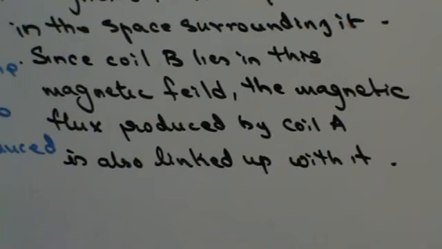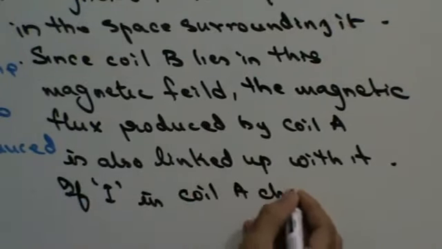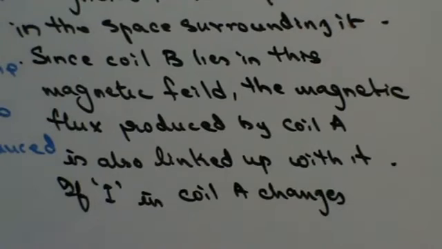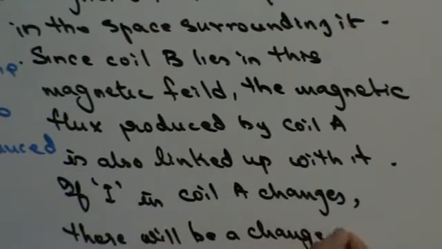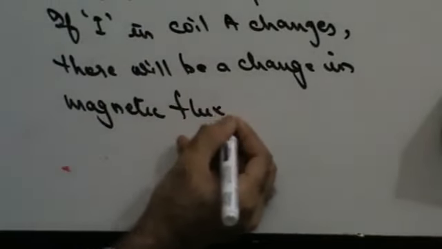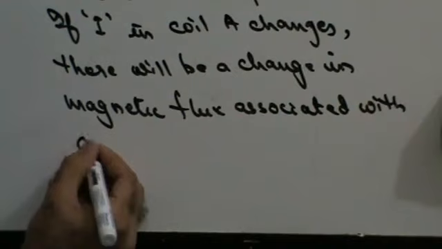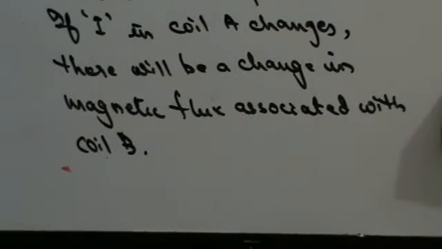Now if the current in coil A changes, there will be a change in the magnetic flux associated with coil B. Now, change in magnetic flux will result in EMF.